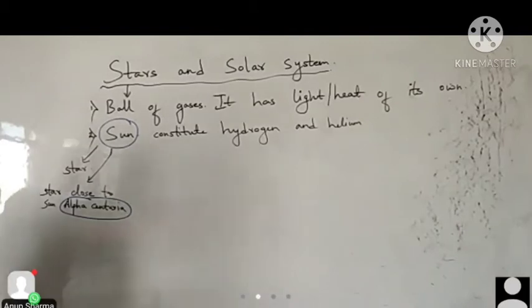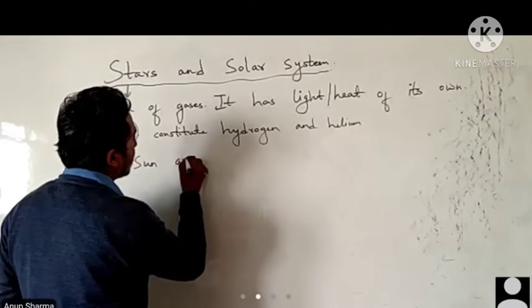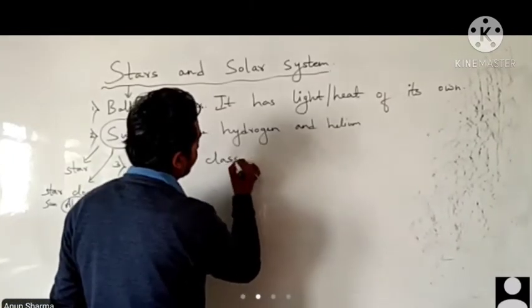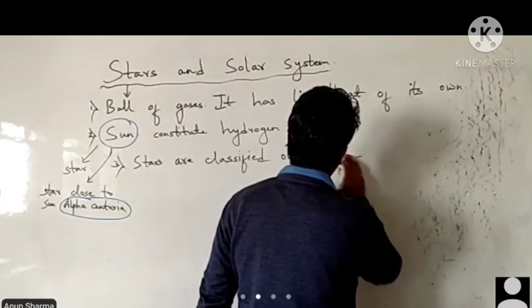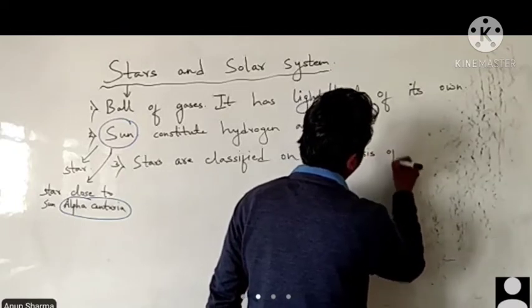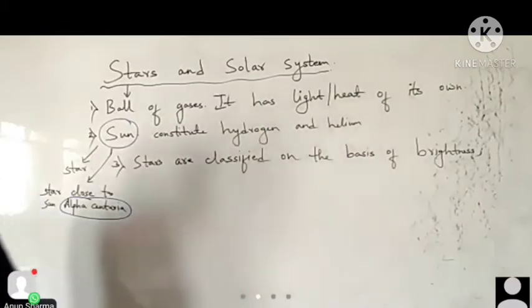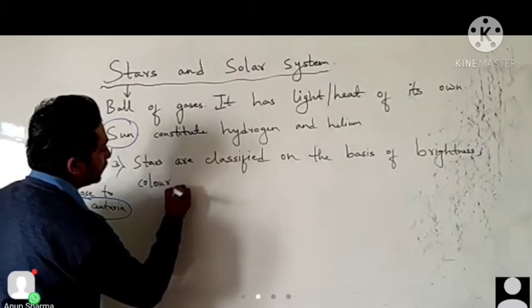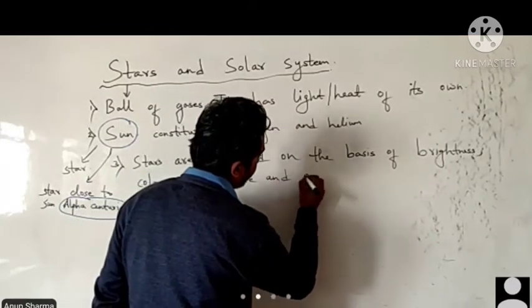Then, stars are classified on the basis of brightness, color, temperature and size.